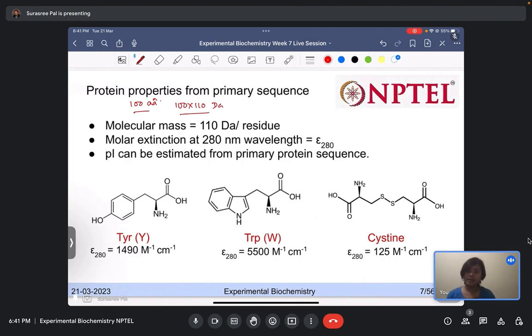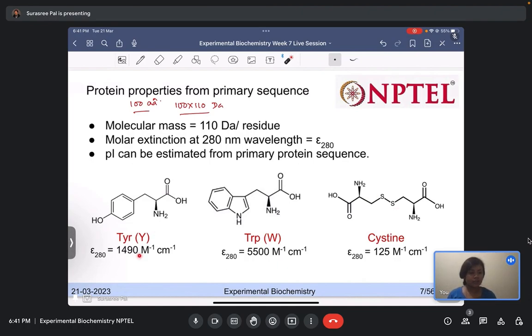Now the molar extinction at 280 nanometer wavelength, which is given by this epsilon 280, can also be determined from the primary sequence. Now why is that so? Because the absorbance at 280 nanometer wavelength is given by the amino acids tyrosine, tryptophan, and also to some extent cysteine. Cysteine here means two cysteine molecules joined by a disulfide linkage.